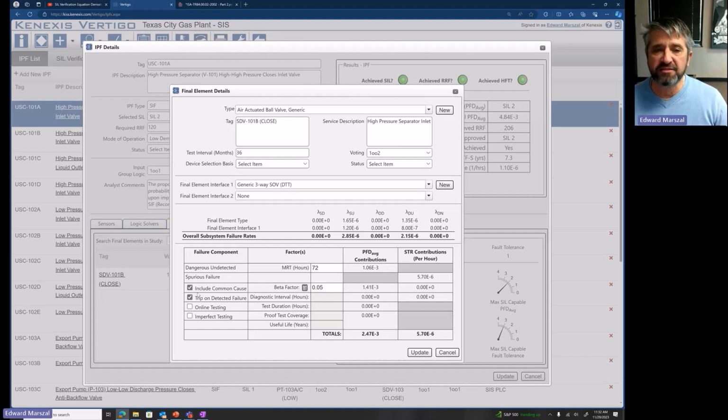Now, this safety function is going to be part of scenarios that you're going to run a layer of protection analysis on. You're usually going to run your layer of protection analysis way before you do your SIL verification calculation, for a greenfield plant at least. Now, every LOPA scenario contains an initiating event.